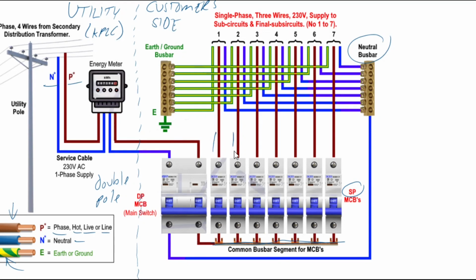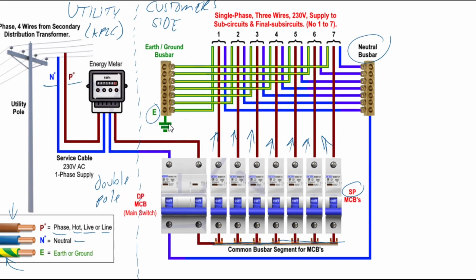So these single pole MCBs provide protection for individual circuits. So each of these lines forms a circuit to various devices within the building. Okay, so these can be lighting, sockets, heating, cookers, and so on and so forth. Similar to the three-phase, you will still also have your earthing circuit.